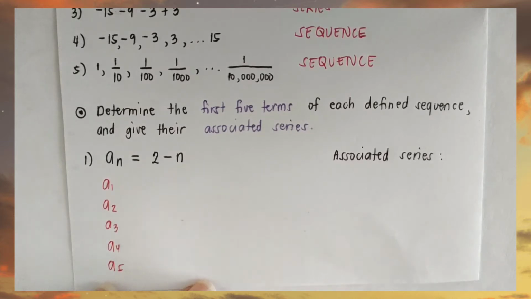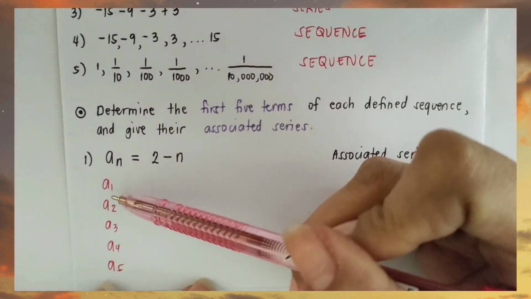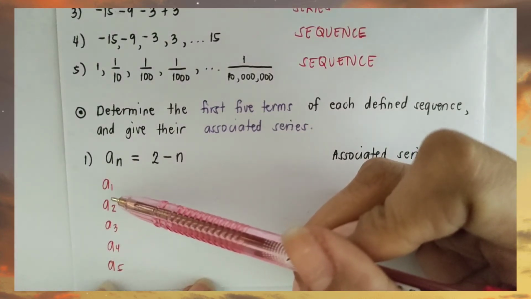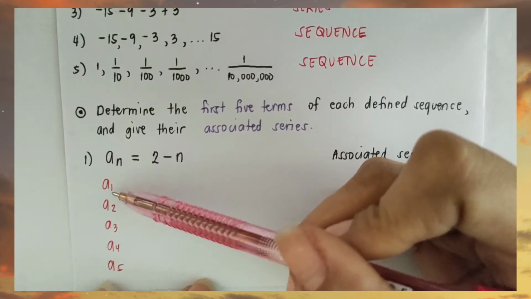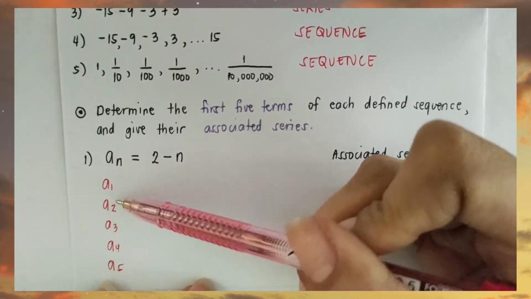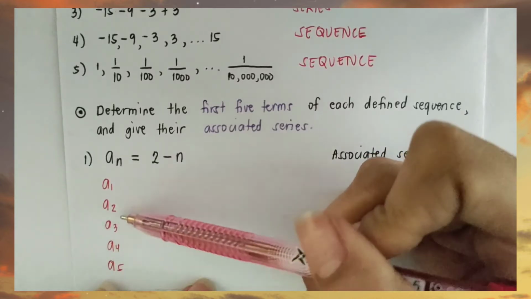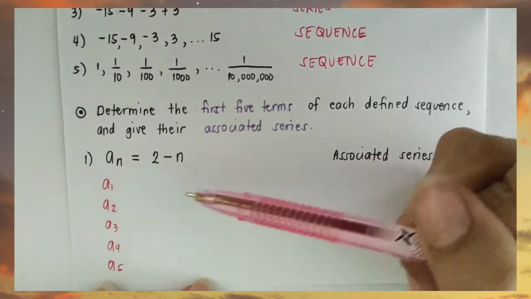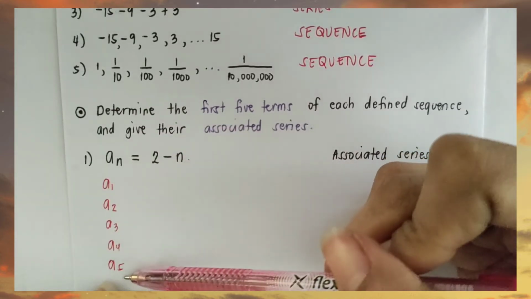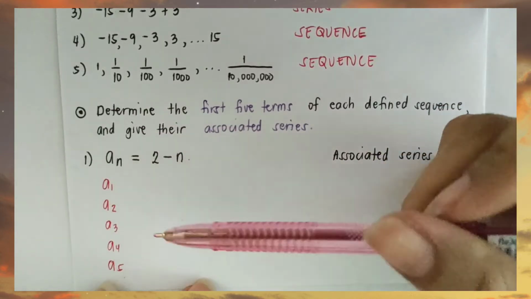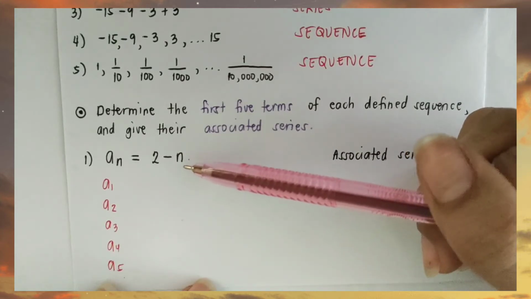What do you mean by the subscript here? A sub 1 means this will be the numbers that represent the values of our n. I repeat, 1, 2, 3, 4, and 5 will be substituted to the variable n.